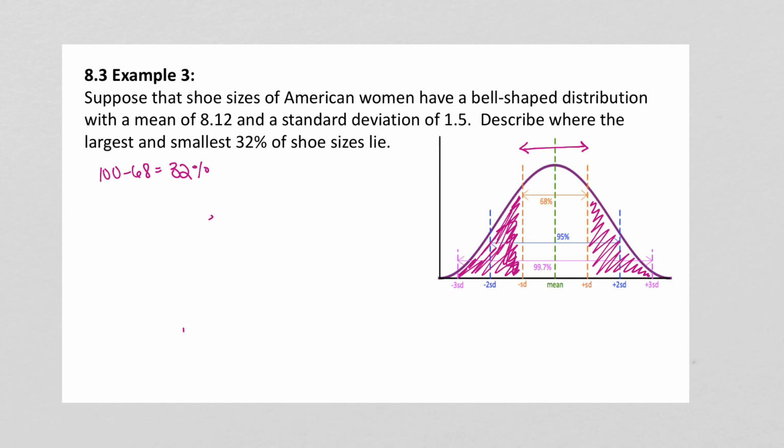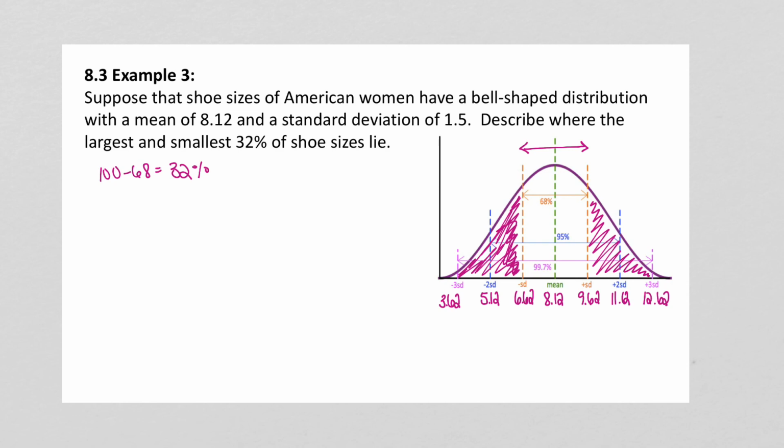So to find those numbers, we'll put our mean and then add for above, the standard deviations above. We're using the empirical rule again, and subtract for the standard deviations below. Now, some of these problems will use z-score, but in this case, 32% is something that falls into the empirical rule, so we're free to use it.